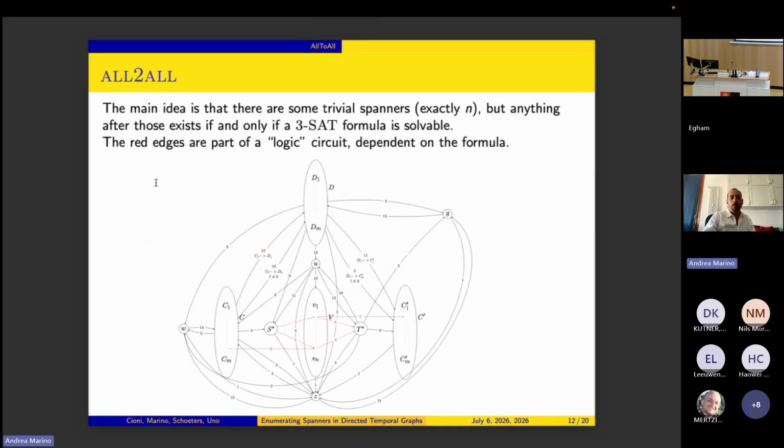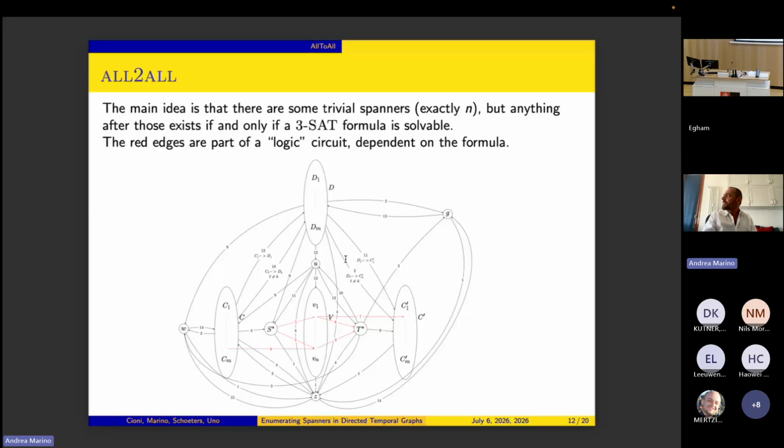This is a somewhat interesting strategy that we inherited from another paper on enumeration, which basically transforms a SAT instance into a temporal graph, such that in this temporal graph, which is quite complicated, and I'm not going inside this, you have exactly n spanners if there is no satisfying assignment for the original formula, but you have at least n plus 1 spanners if there is at least one satisfying assignment.